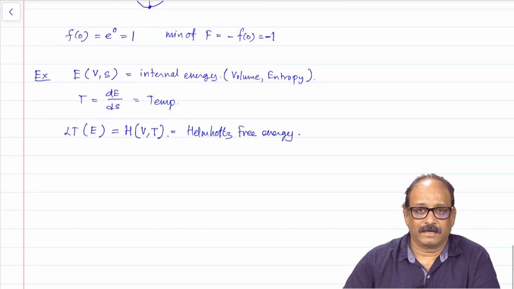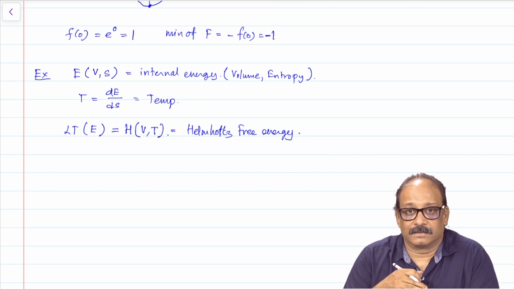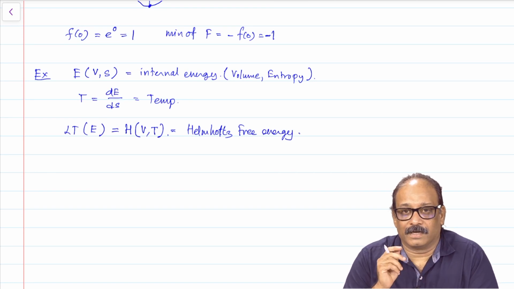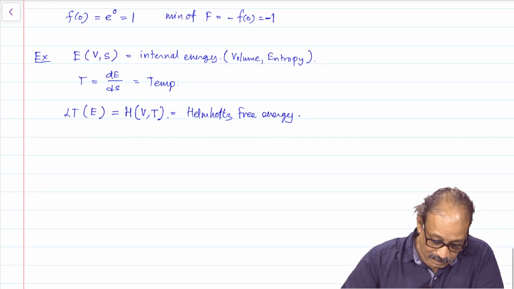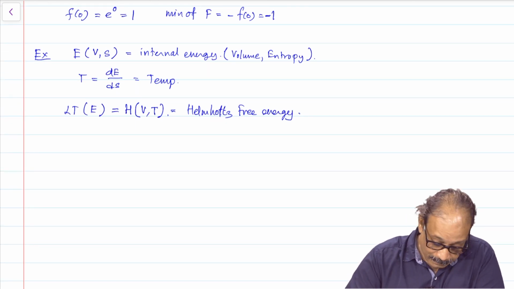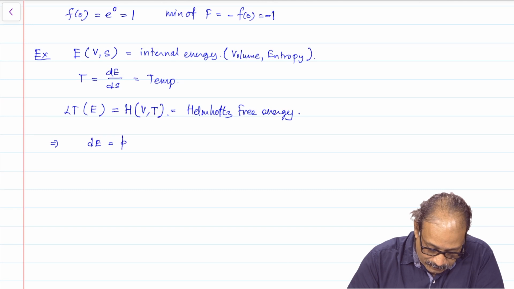And remember, mostly when we look at this in a thermodynamics book, we are always interested in the differentials, not the total quantities. So, remember dE typically is P dV plus T dS.